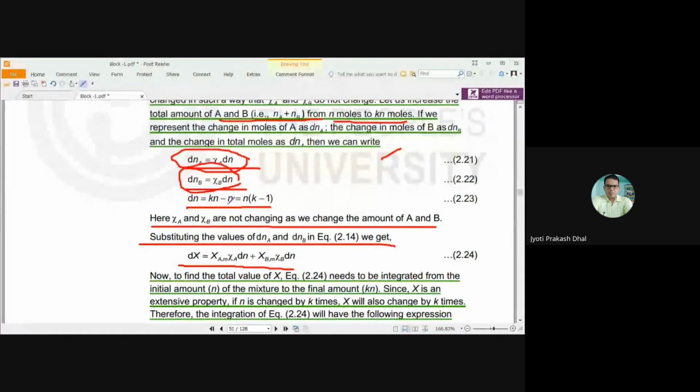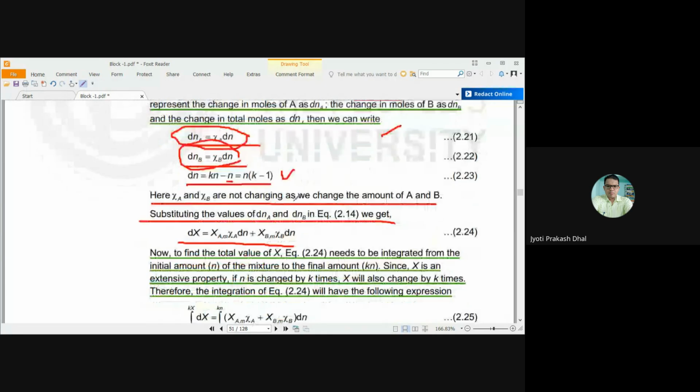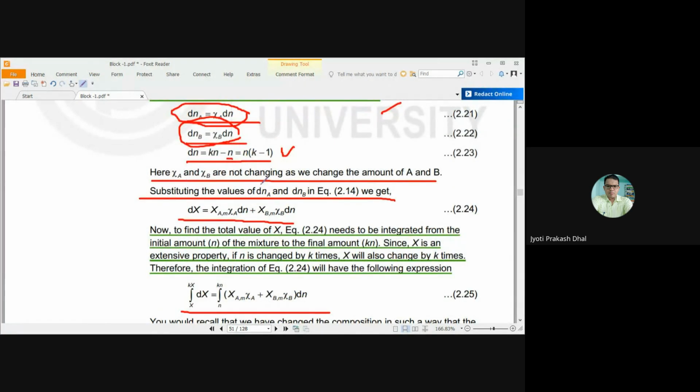Initially the total number of moles was n, and finally it was kn. So the change in total number of moles dN equals kn minus n, that is n times (k minus 1). Chi A and Chi B are not changing, as we change both the amount of A and B simultaneously.